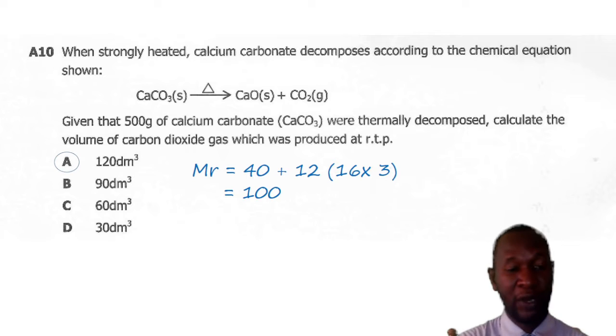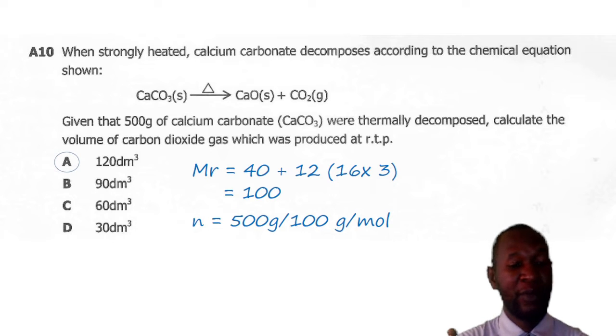Now that we have our 100, we can calculate our number of moles. Number of moles will be equal to 500 grams divided by 100 grams per mole. That gives us the number of moles of calcium carbonate to be 5 moles. Since we have 5 moles of calcium carbonate decomposing, it will also produce 5 moles of calcium oxide and 5 moles of carbon dioxide.